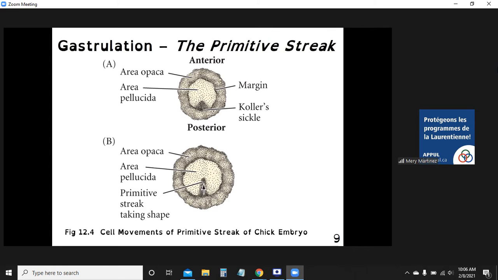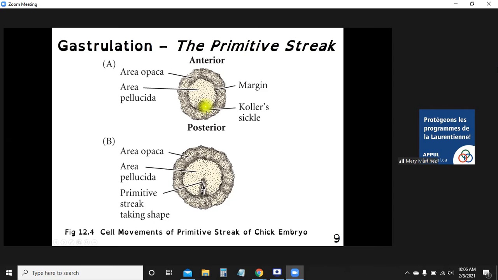Okay, so here is the posterior part of the embryo. This is the anterior, left, and right, and of course this is a dorsal view. So we talk about how the Koller's sickle plays at the posterior end. It's like the embryonic shield that we saw in fish, right?